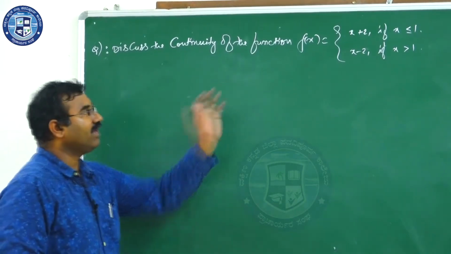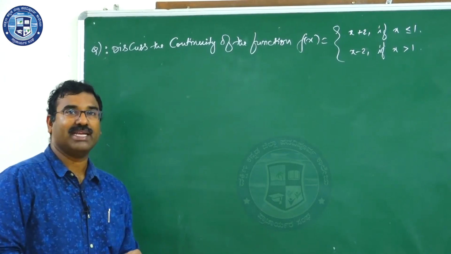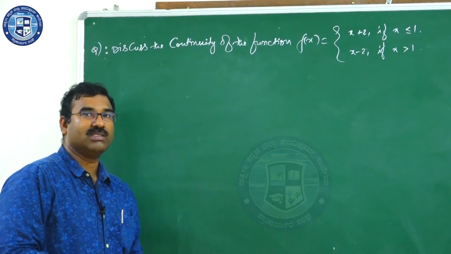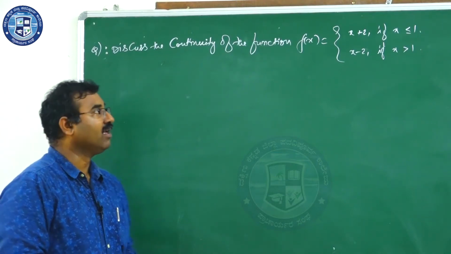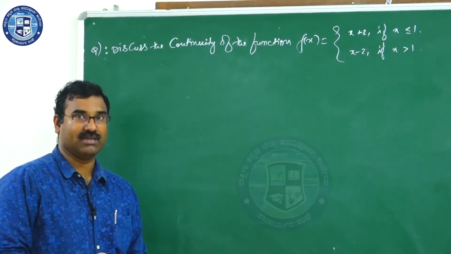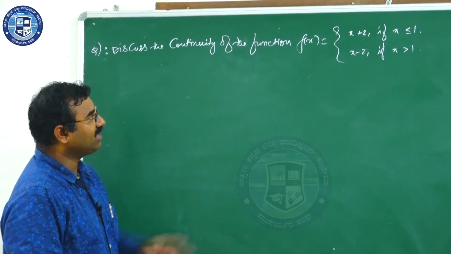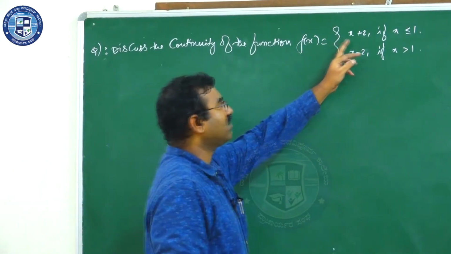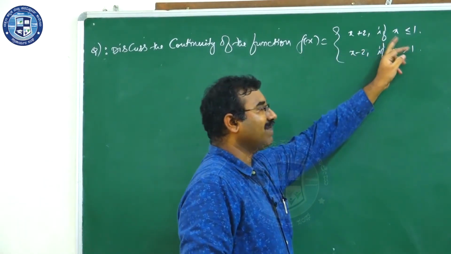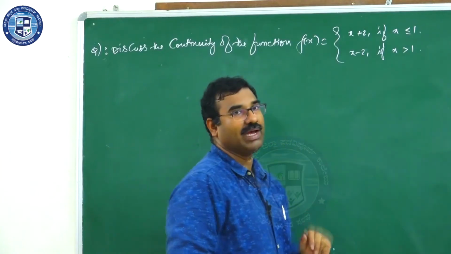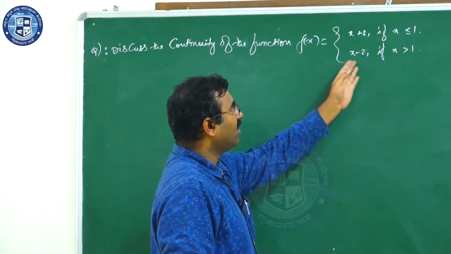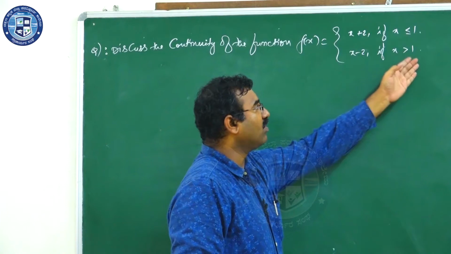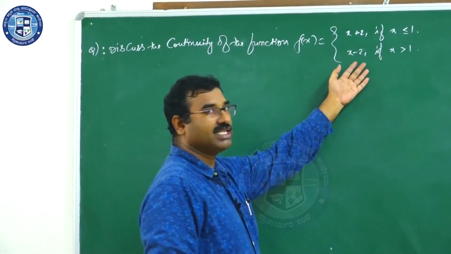Okay, so whenever a function is given, first try to observe properly what the function is and how they have defined it. f of x is equal to x plus 2 for all x values less than or equal to 1, and for all x values more than 1 they have defined the function x minus 2.